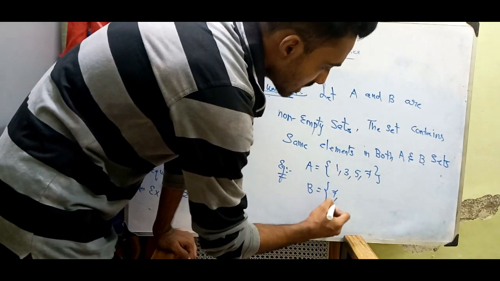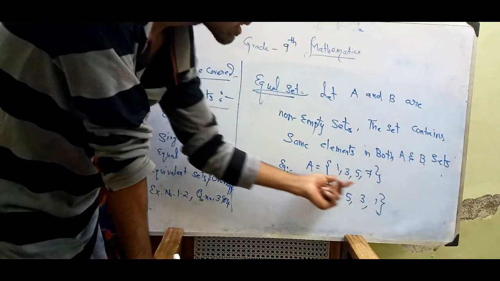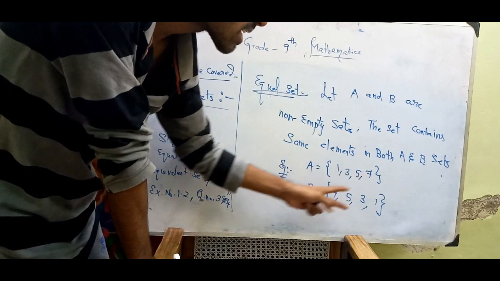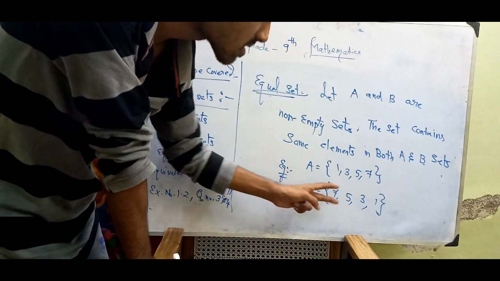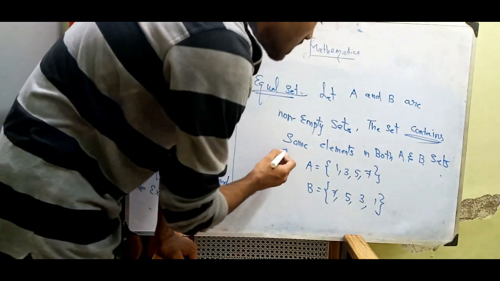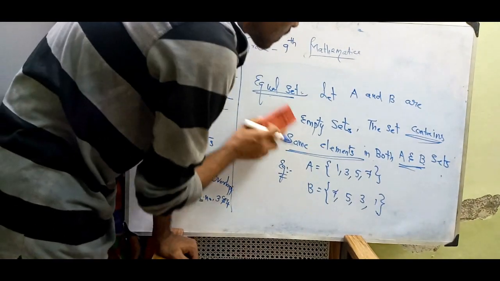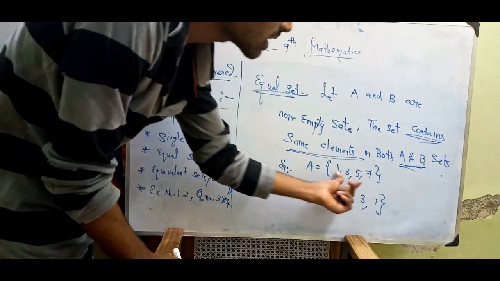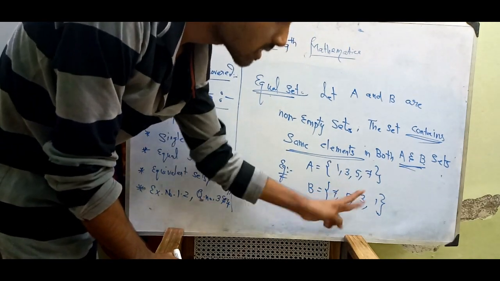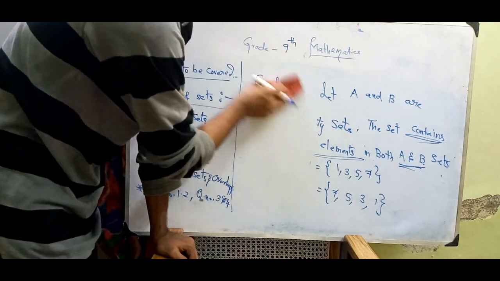Only the order is changed here, but in both sets the elements don't change. Whatever elements 1, 3, 5, 7 are present in A, the same elements appear in B. In other words, whatever elements are in set A, the same elements appear in set B, no matter how the order is changed. So this is an equal set.